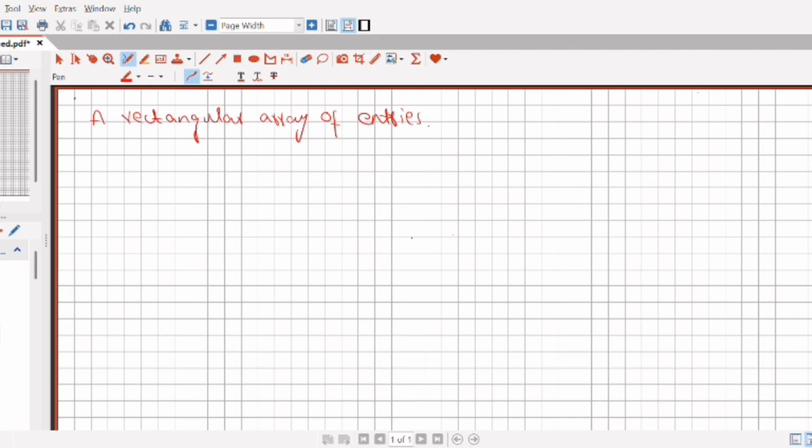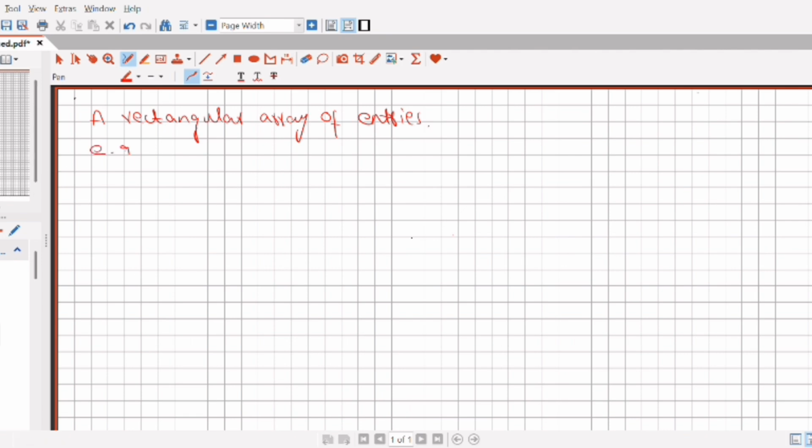Now those entries are sometimes called elements, sometimes you just call them numbers, or sometimes you just leave the name as entries. For the sake of basic explanation, let's take them as numbers. Sometimes they are letters, like you can see in the example.